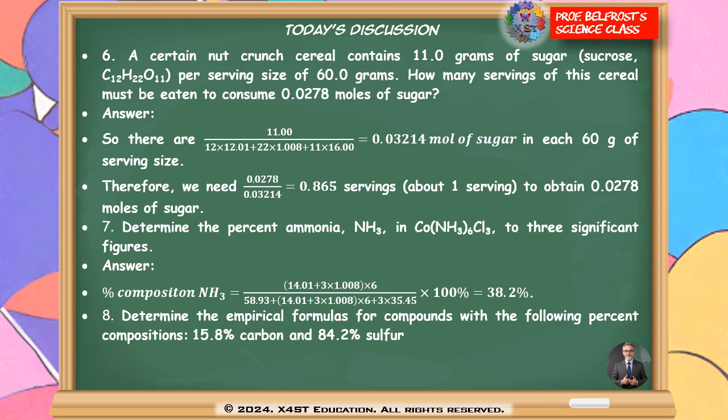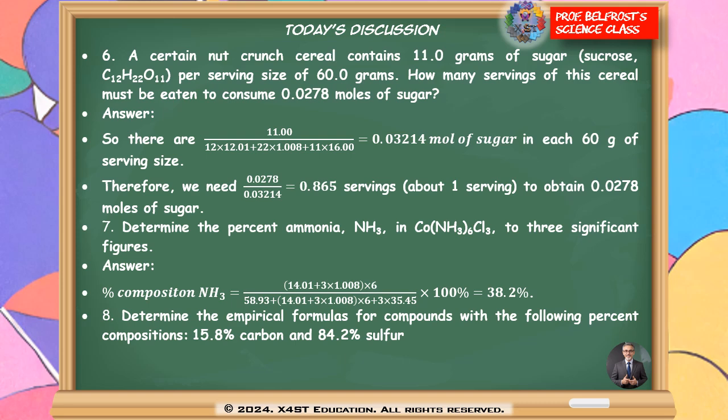Then we divide the required amount of moles of sugar by the result we got before to know how many servings are needed. We find that we need about 0.865 servings, or about one serving, to obtain 0.0278 moles of sugar.